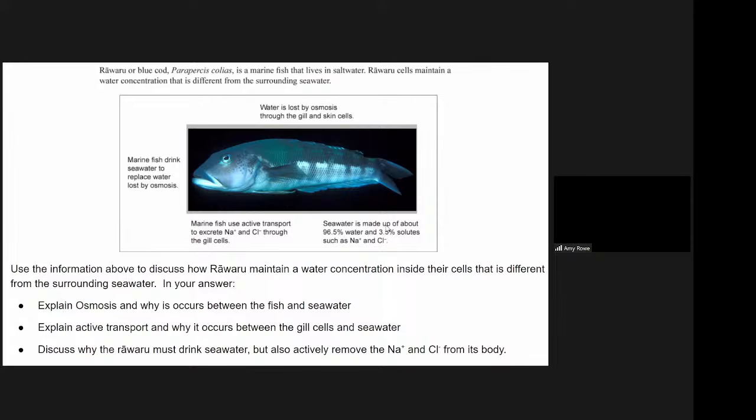So solutes is anything that's dissolved in it, including sodium ions and chloride ions. The question asks us to use the information in our diagram above to discuss how rawaru maintain a water concentration inside their cells that is different from the surrounding seawater. In your answer, you should explain what osmosis is. So we're just giving a definition, and explain why it occurs between the fish and seawater.